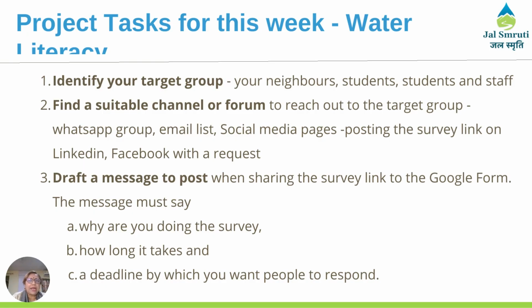You want to identify maybe a WhatsApp group, an email list or a social media page through which you can reach out by posting a message and the survey link. So explore all the options, all the WhatsApp groups you're part of, social media pages you're active on. Use those platforms to put a message with a survey link, because that is a more efficient way to do it.